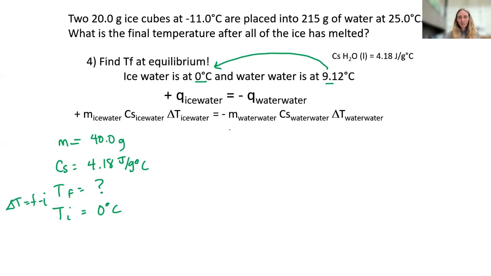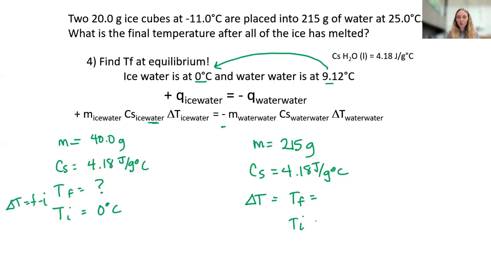So next over here, we have our negative sign. Our mass of the water is 215 grams. The specific heat is 4.18 joules per gram degree Celsius. Notice this number is the same, right? I switched it because now we're at the water phase. And because we're at the water phase, or liquid, we have to use the 4.18 specific heat value. And now we have our change in temperature, which is going to be temperature final minus temperature initial.